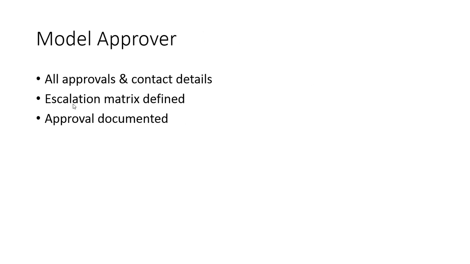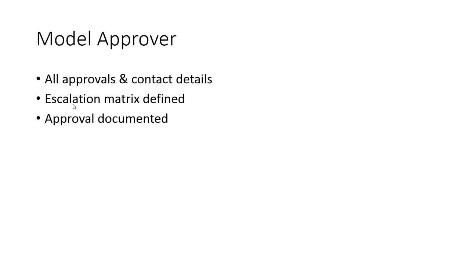Model approver, this is very important, because whoever is doing model development or validation has to approach the senior people in a bank to get the approvals. And normally there is always a committee which approves the models. So all the approval and contact details should be well documented with the email IDs, contact numbers, and everything.